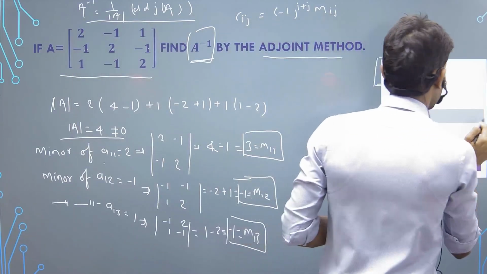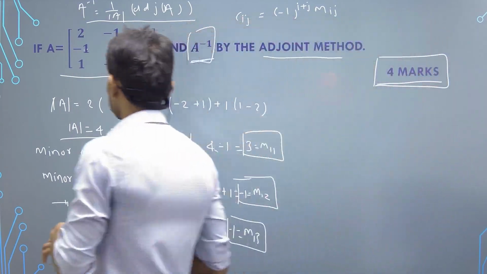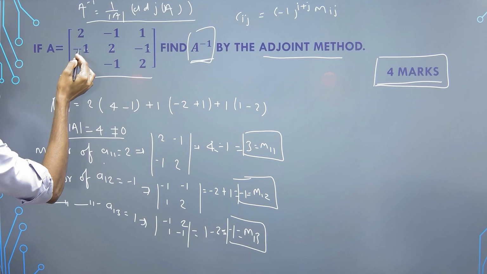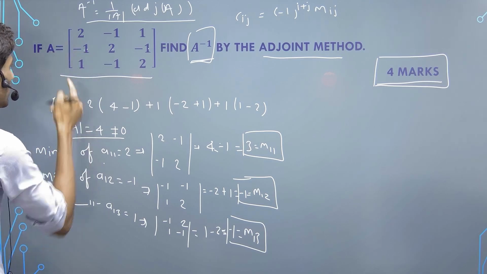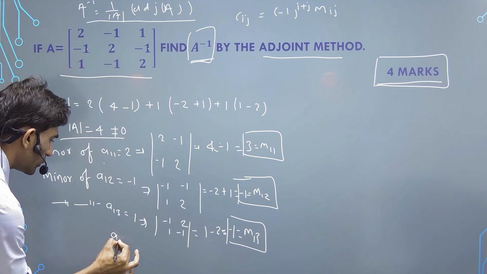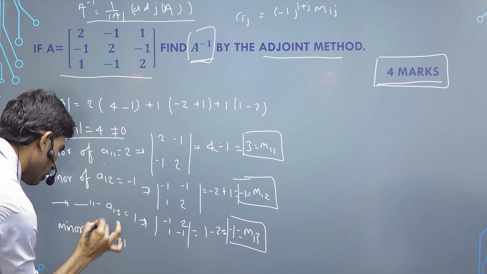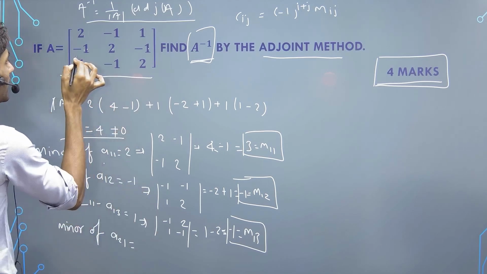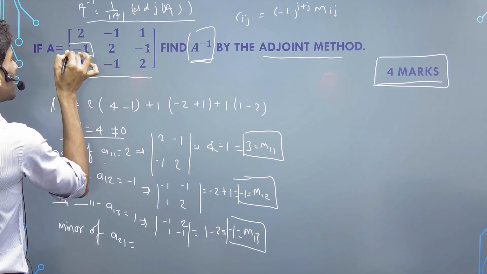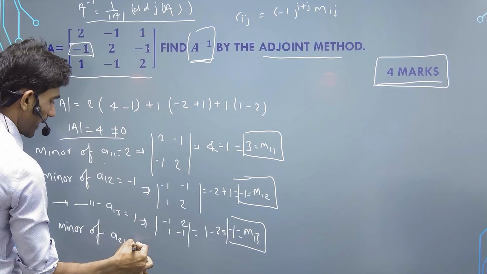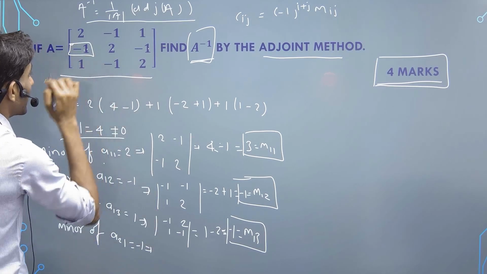Now here we can follow a similar process for the other elements. If we want the minor of A21, what is the A21 element? It is -1. We want the minor for that -1. So what do we do?